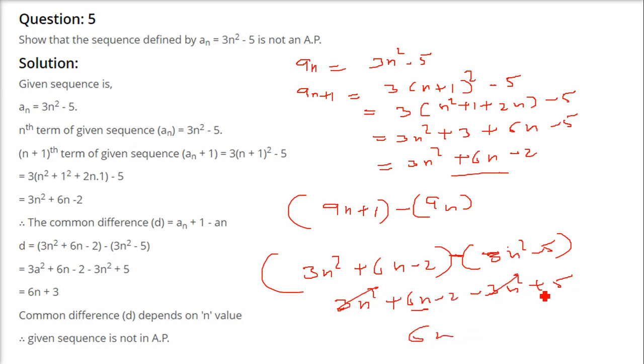You get 6n, and 5 minus 2 is 3. So 6n plus 3 is the D. But in all the APs we have seen, D is always constant. The common difference is always constant. But here, this is dependent on n, and n is a variable. So when d is not a constant value, you can easily say that this is not an AP.